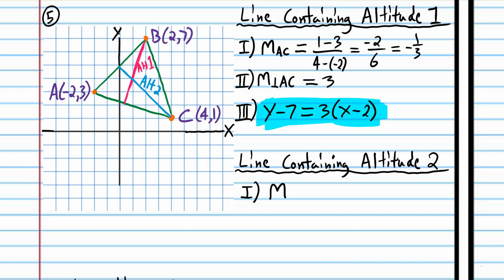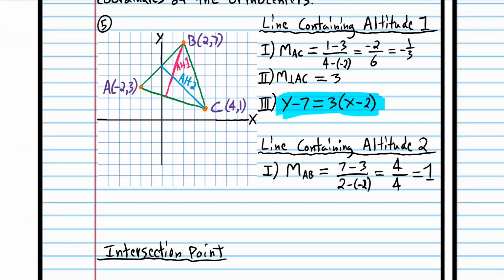So step number 1, we're going to find the slope of AB, and that is 7 minus 3 over 2 minus negative 2. And that is 4 over 4, which is 1.